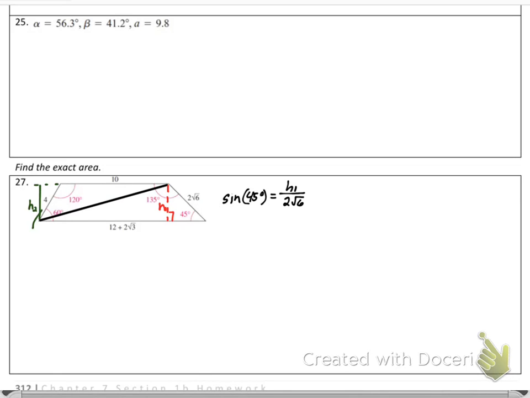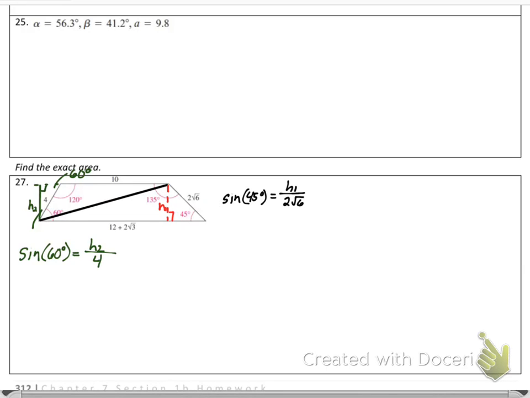I don't really care about that one. This guy right here is going to be 60 degrees, that's my 90 degrees. So this is the exact same thing. I am just going to use sine of 60 degrees, which is going to equal my opposite, my H2, over my hypotenuse, which happens to be 4 on this one.